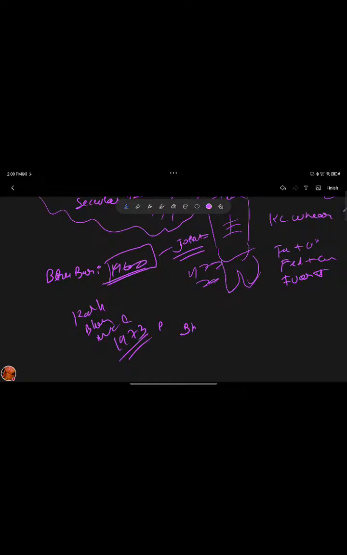You can remember it as B for Berubari, G for Golaknath, K for Kesavananda Bharati, and L for the LIC case.